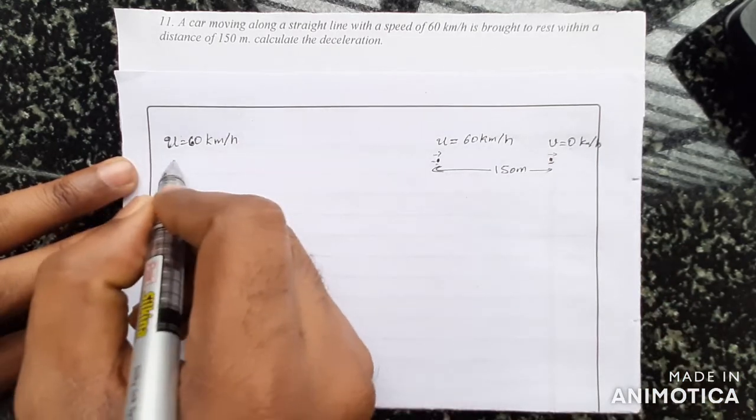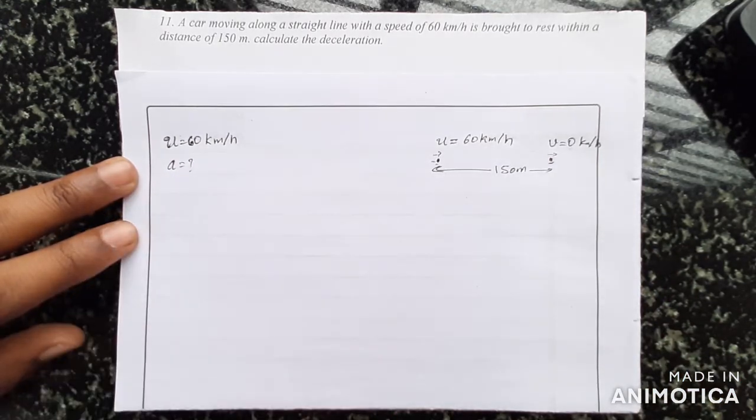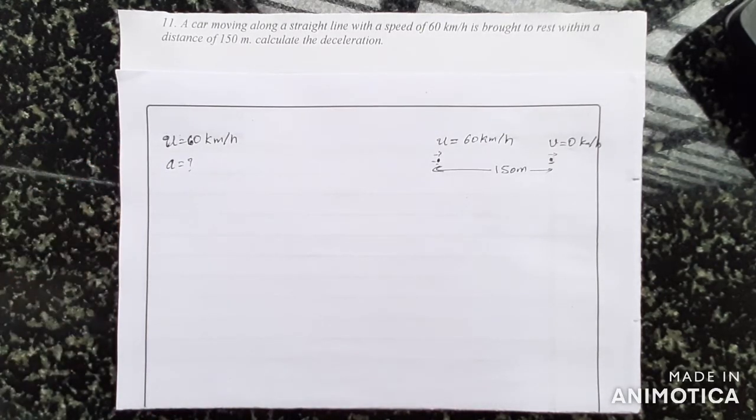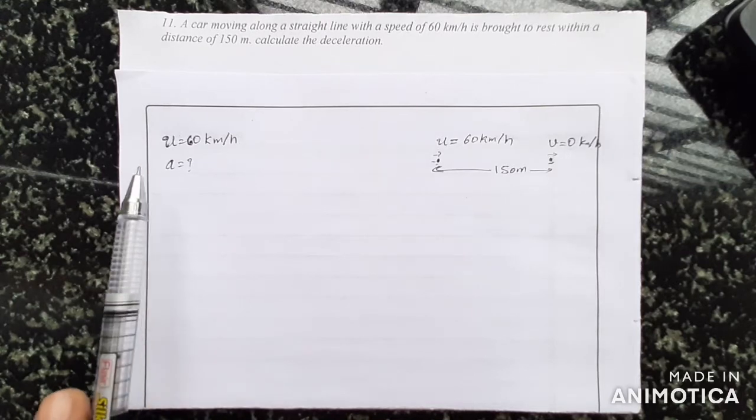And now what we need to calculate is acceleration. See, they are asking us to get deceleration. You know that when we take acceleration, deceleration, retardation mathematically, all of them are nothing but a value, small a. So now using the equation of motion, we can obtain a.